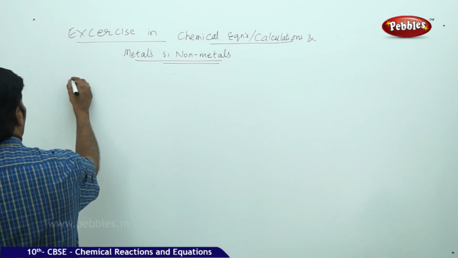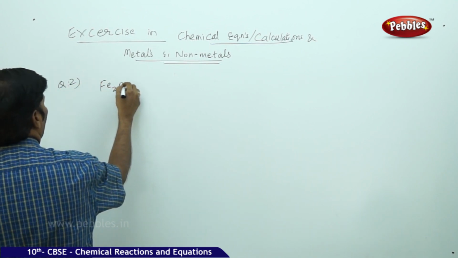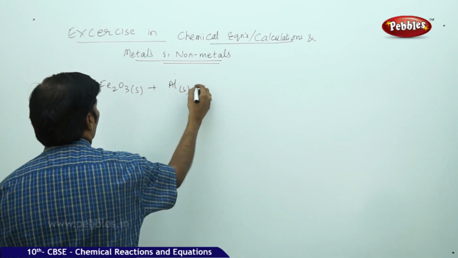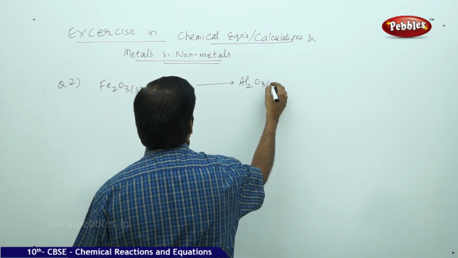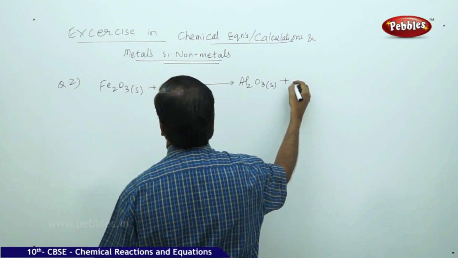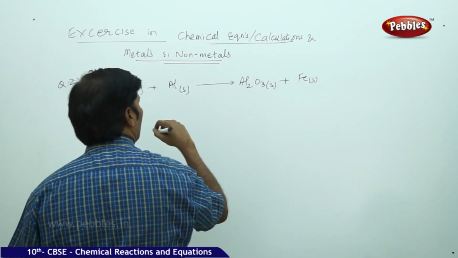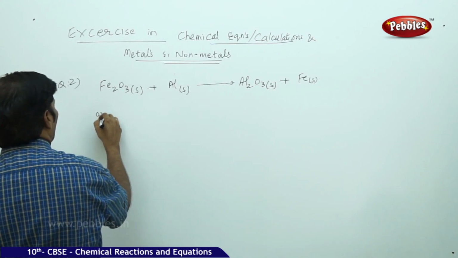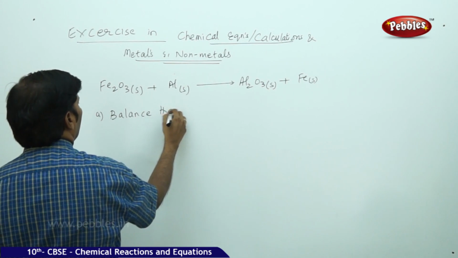So the second question is Fe2O3 solid plus aluminium solid gives rise to Al2O3 solid plus iron solid. This is the equation which is given to us. First one, balance the equation.